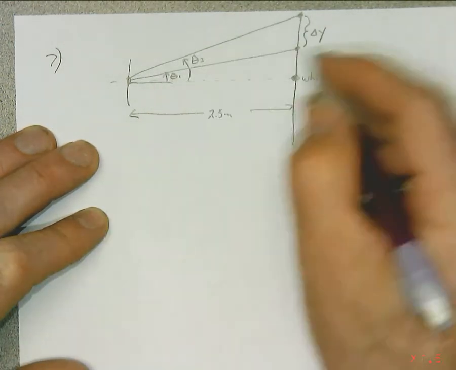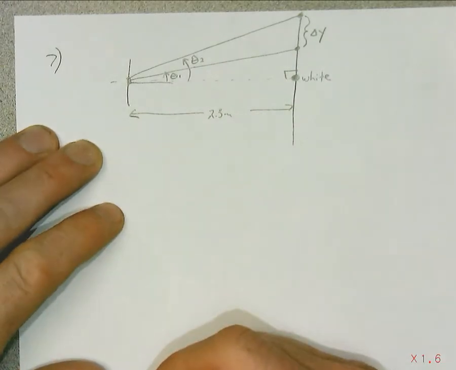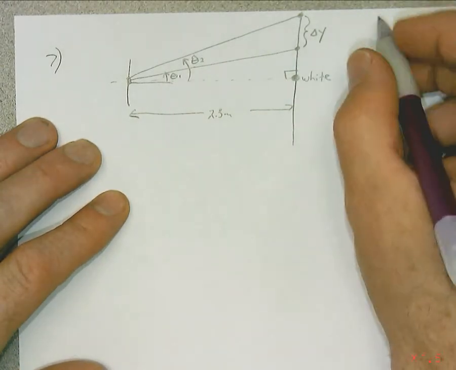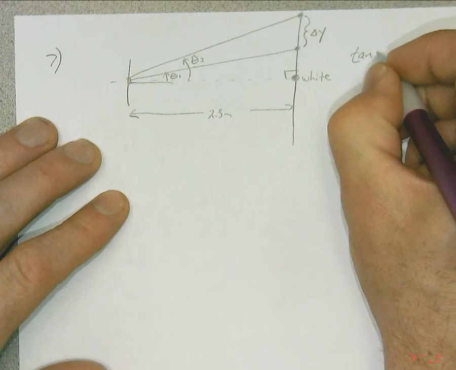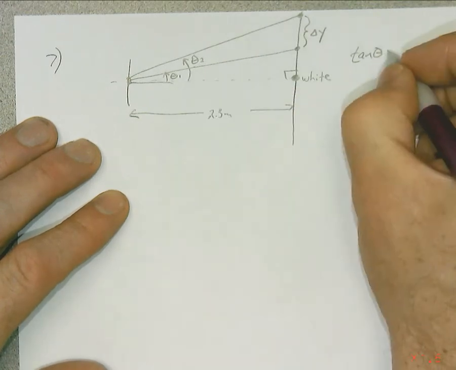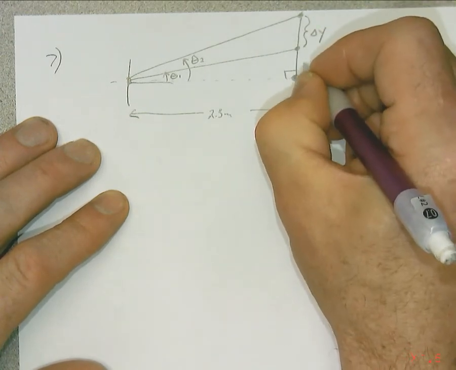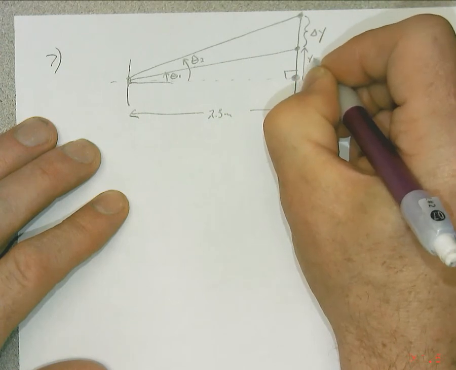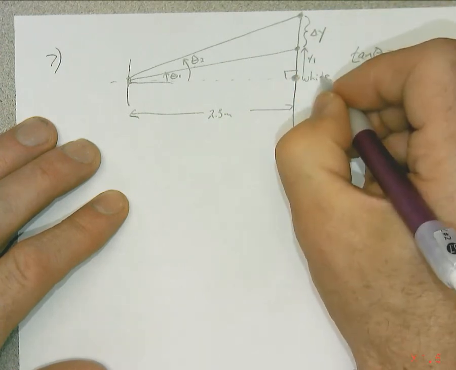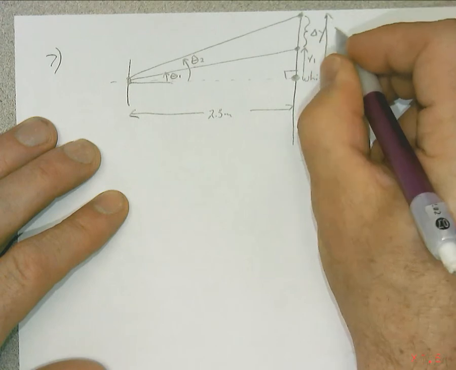Actually, you know what we can use? This is a right triangle. So the tangent of theta, either of these thetas, is equal to opposite over adjacent. Let me label this y1, and up here is y2.